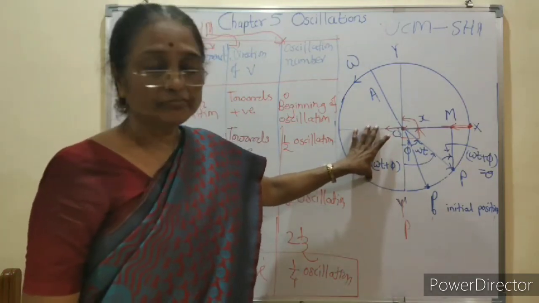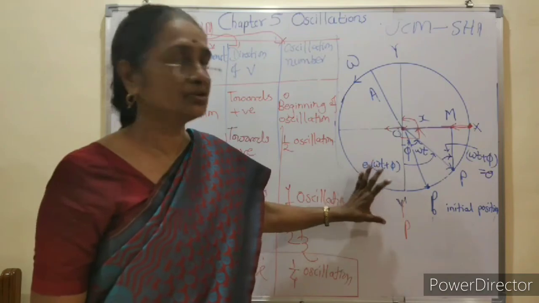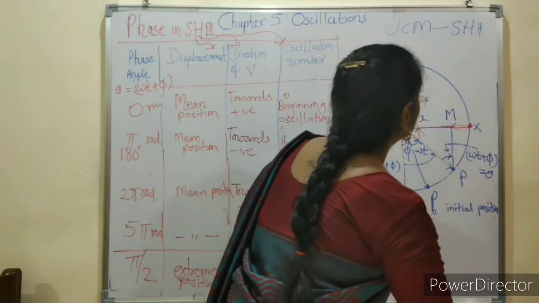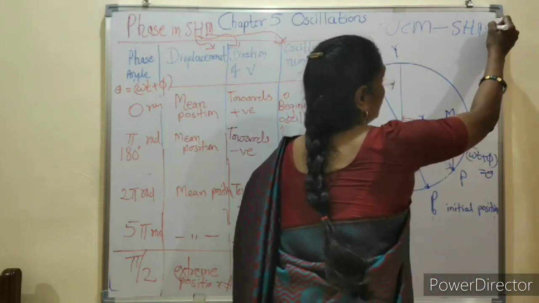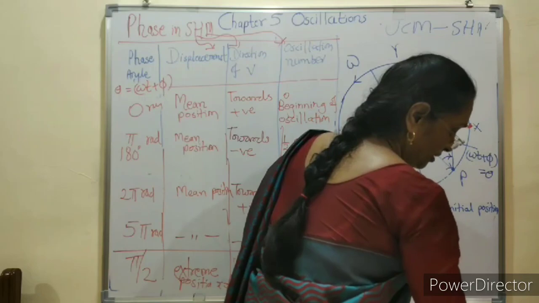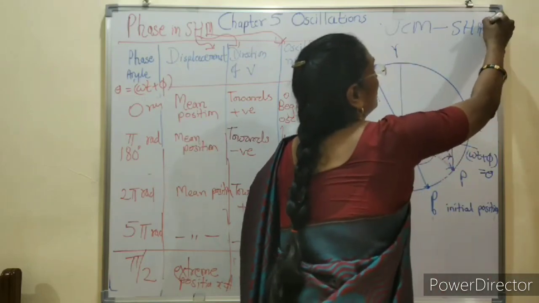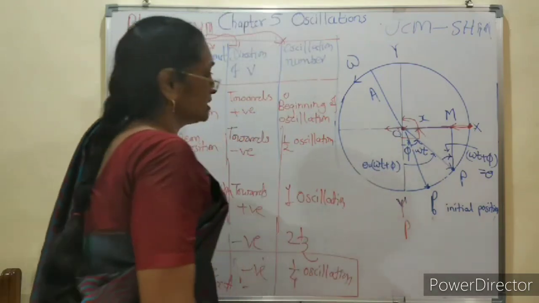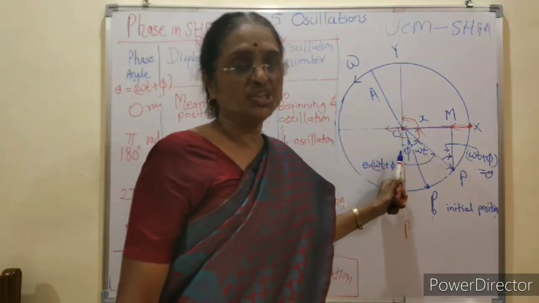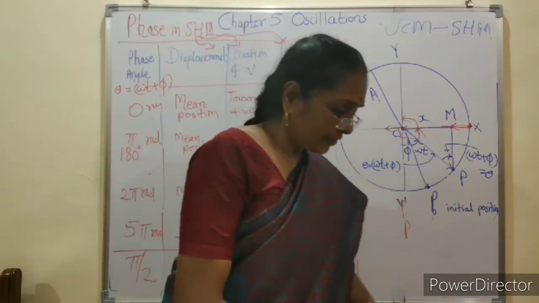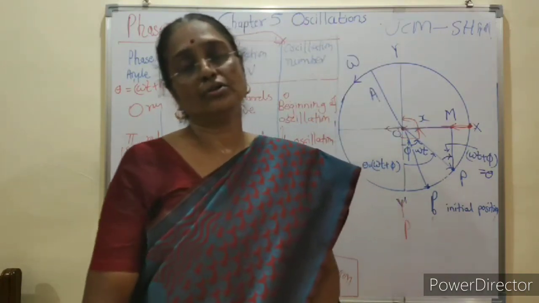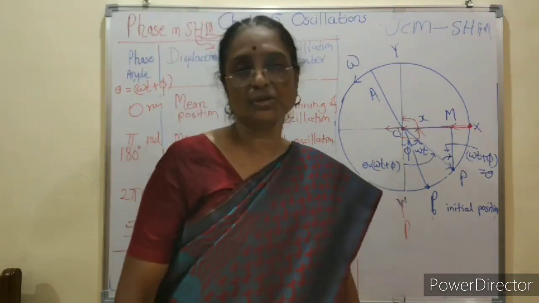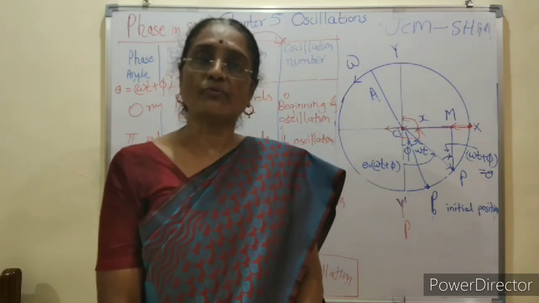Actually in our syllabus the relation between SHM and UCM is deleted for this year, but for the study of phase we must consider this description, and also for the solution of MCQs and numericals this description is useful. So today we stop here.